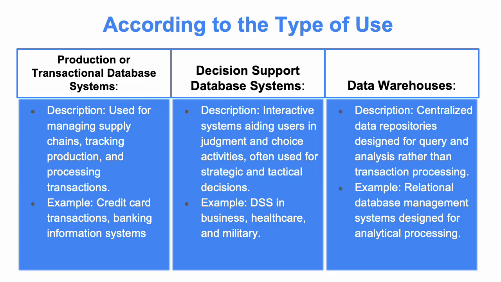The decision support database system helps users make decisions. These are computer systems that store and retrieve data and help with building models and solving problems. These systems are used in areas like business management, healthcare, and the military, where complex decisions need to be made.